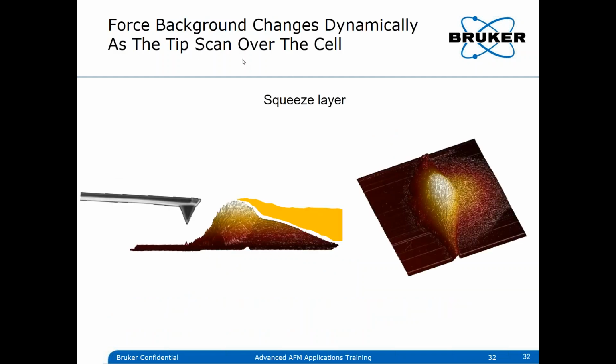If you run it on a cell, for instance, there might be changes in your images. You might have some artifacts from the scanning in the measurement.